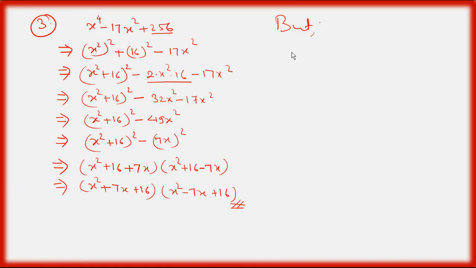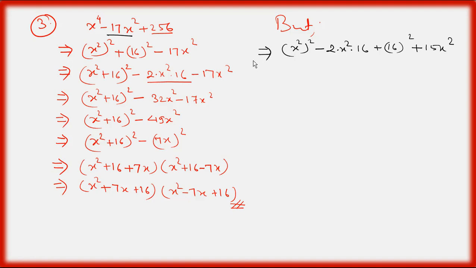Sir, can we try by the second method? What will happen? In this case, suppose (x²) whole square minus 17 is given, so we will have confusion. Suppose firstly I try minus 2x² into 16, and the other term is 16 square. So 16 gives 32, but here it is 17, so what can we write here? 15x².